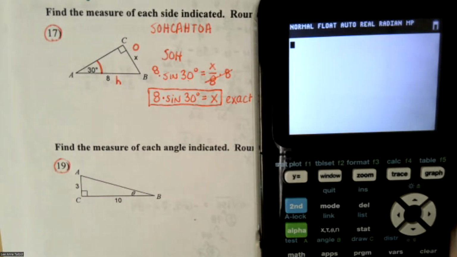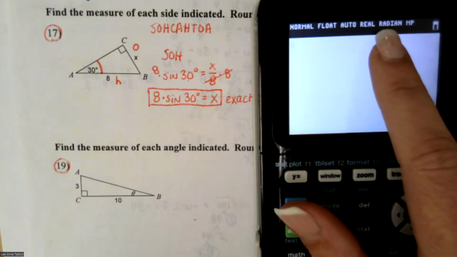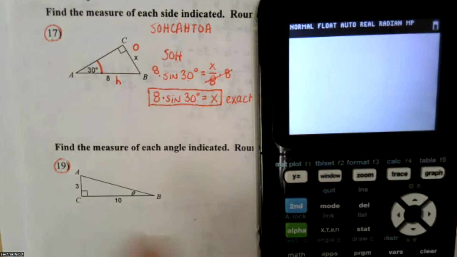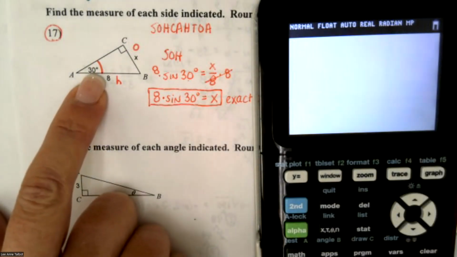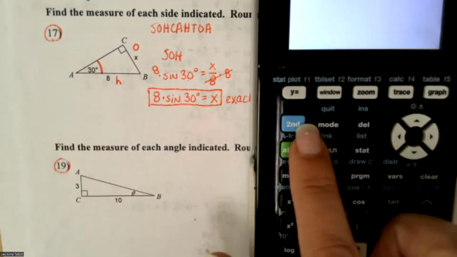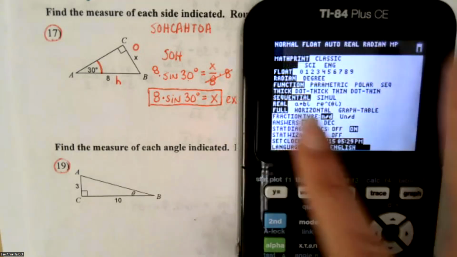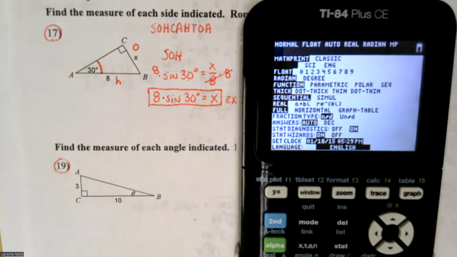Okay. And I can tell that my calculator is in radians because it says radian right here. I don't want that. Notice the problem has degree symbols in it, so I need it to be in degrees. Okay, so hit the mode button. It's right next to the blue one. So find the blue one. Right next to it is the mode button. It'll show you all of the settings for that particular calculator.